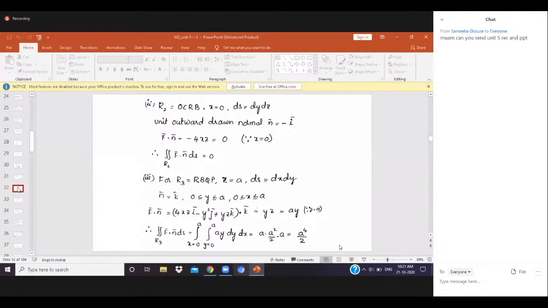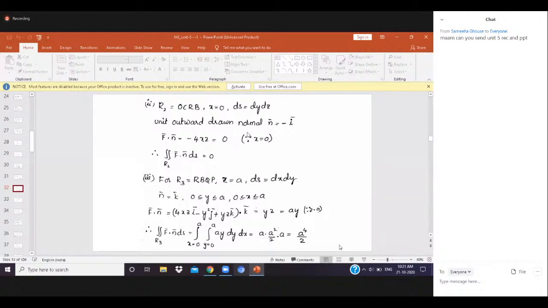So next, R2, we are considering the opposite side of the first one. It is OCRB. Here x is equal to 0, and ds becomes dy dz. So n bar dot f bar becomes 0 because x equals 0 here.